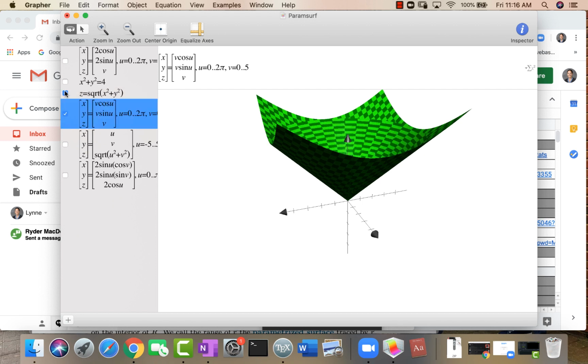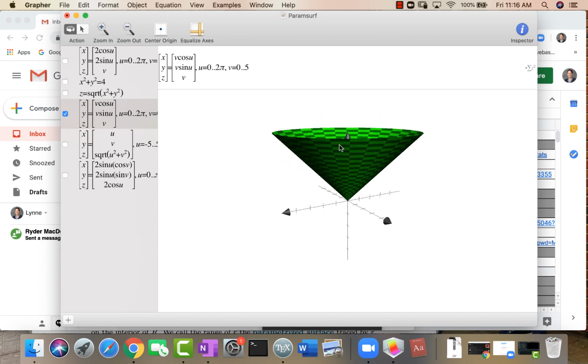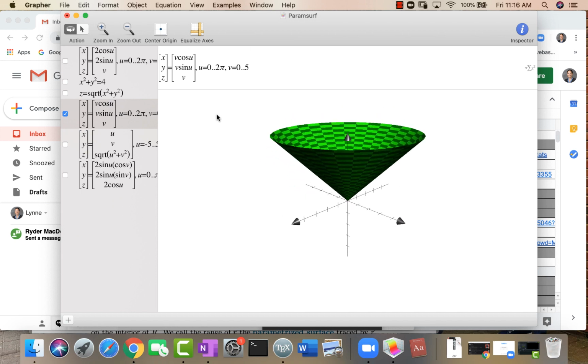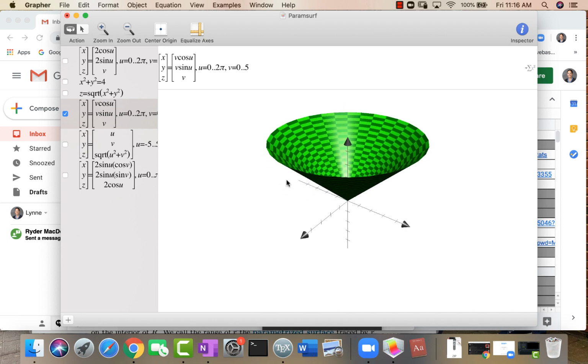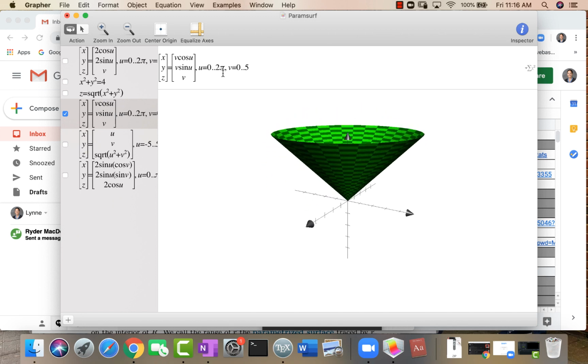Okay, let's take a look at the first parameterization. So that's this one. I chose the V cosine U, V sine U, and V parameterization to graph here. And you can tell, since the parameters are chosen in this way, it actually prefers a rounded domain on the parameter space. So I chose that. I allowed U to range from 0 to 2 pi and V, for example, from 0 to 5.